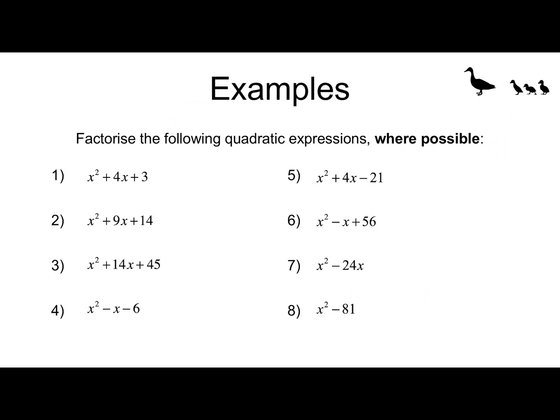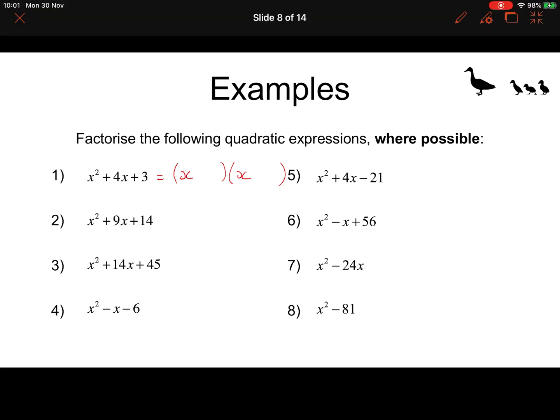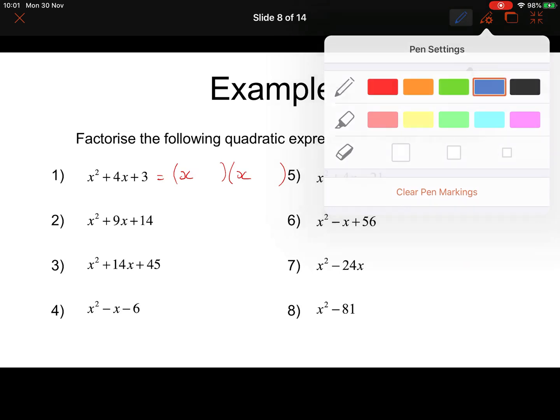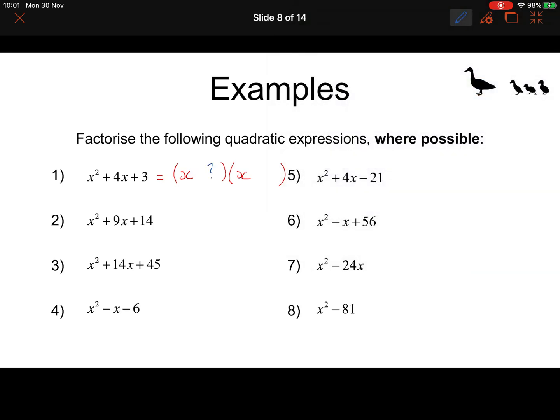So what we have to do, if I want to factorise these quadratics, is first recognise that it is a quadratic: x squared plus something x plus something. So I know that this came from a double bracket, and it's always x and x that goes here. All I need to do is find out what two numbers go here and here.